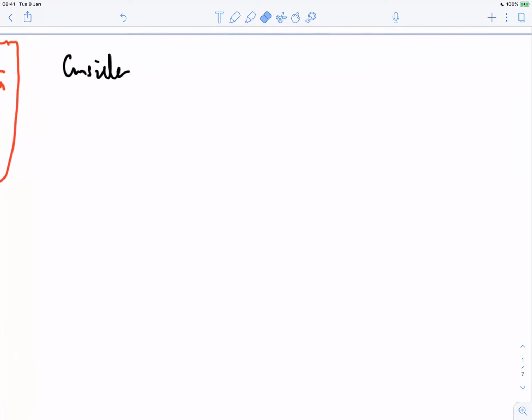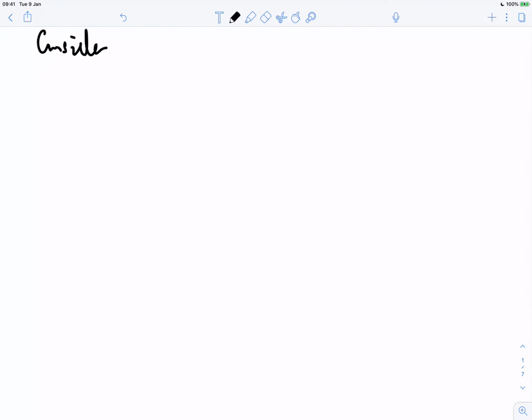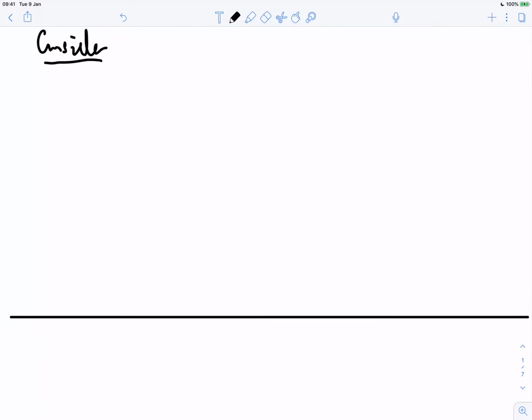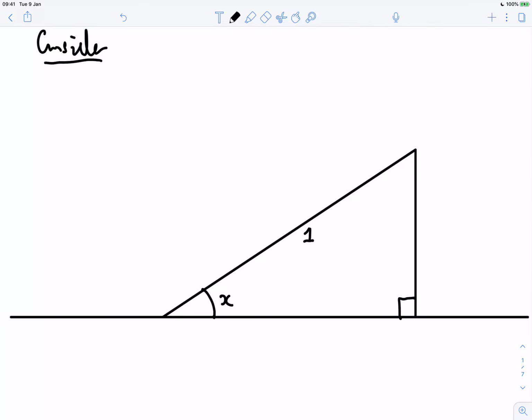You're going to have to put your imagination caps on here. I've got a flat piece of ground like so, and I've got a wedge, a triangle like so, where that's a 90-degree angle, and this angle we'll call x. And for the record, the hypotenuse is also 1.